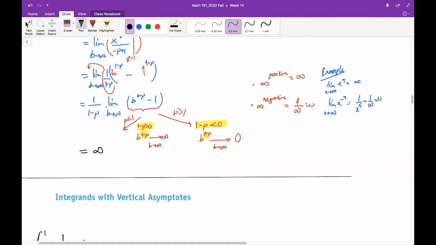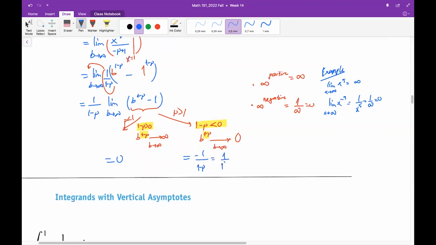So the overall result in this case is infinite, where the final result, 1 over 1 minus p times infinite, is infinite. And here, this part goes to 0 in this case, so minus 1 times this.